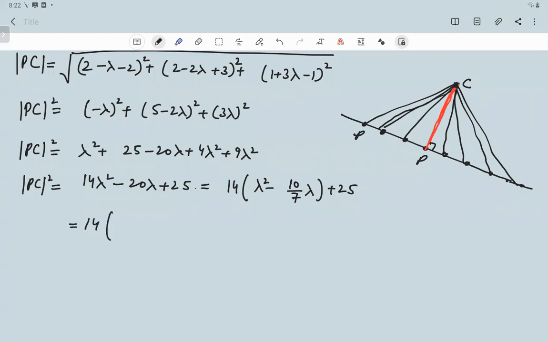And then we add the square of half of this number. That means (5 by 7) square, okay?